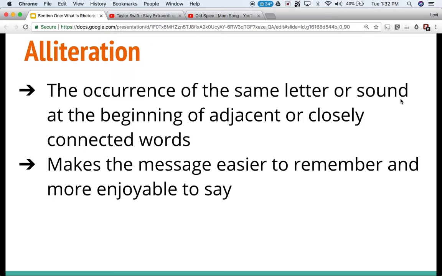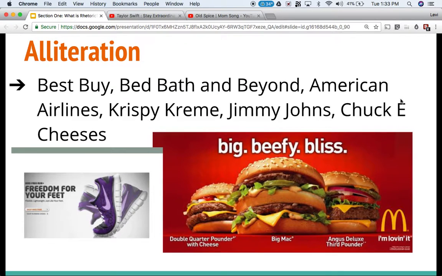Sunnyside has the two S's. Anywhere else in town? I can't think of anywhere else in town. But some other examples here are Best Buy, Bed Bath & Beyond, American Airlines, Krispy Kreme, Jimmy John's, Chuck E. Cheese. Those are all alliteration.